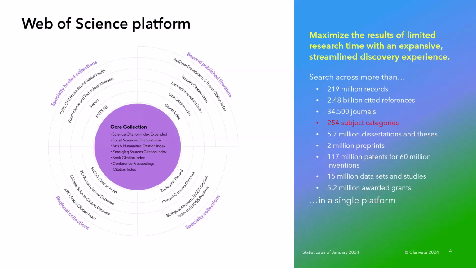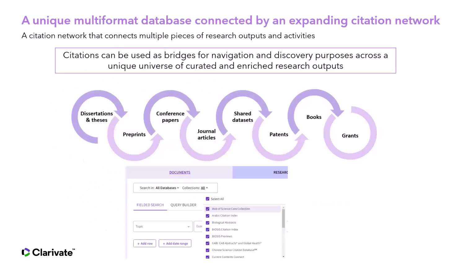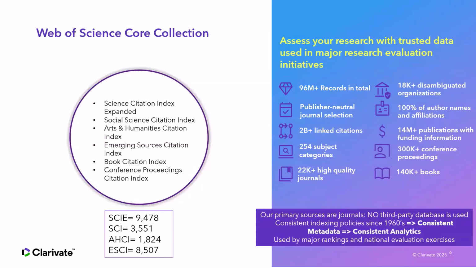What I want to do now is talk a bit more about the key characteristics of the Web of Science Core Collection, so that you understand the value of this database. Going to this slide here, the Core Collection, as I mentioned, indexes journals, books, and conference proceedings.